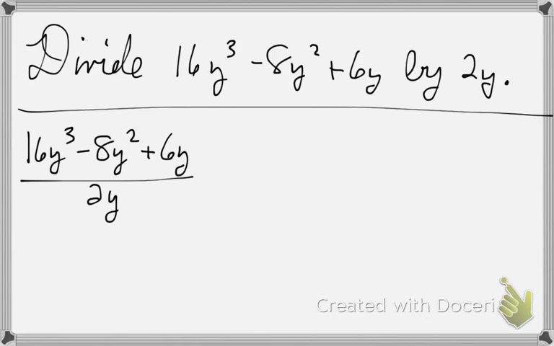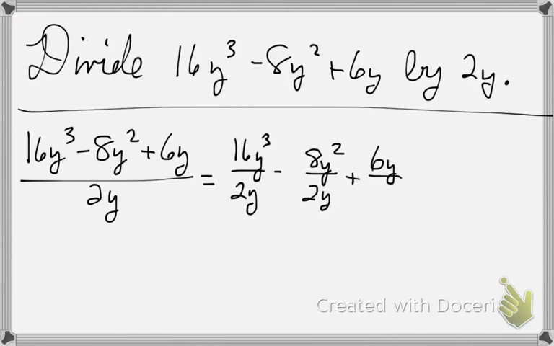That's what division is, right? And since we're dividing by a monomial, how do we handle this? Break up the common denominator. 16y cubed over 2y minus 8y squared over 2y plus 6y over 2y. Isn't that what that said we could do? With a monomial, we can break it up. Does this reduce?